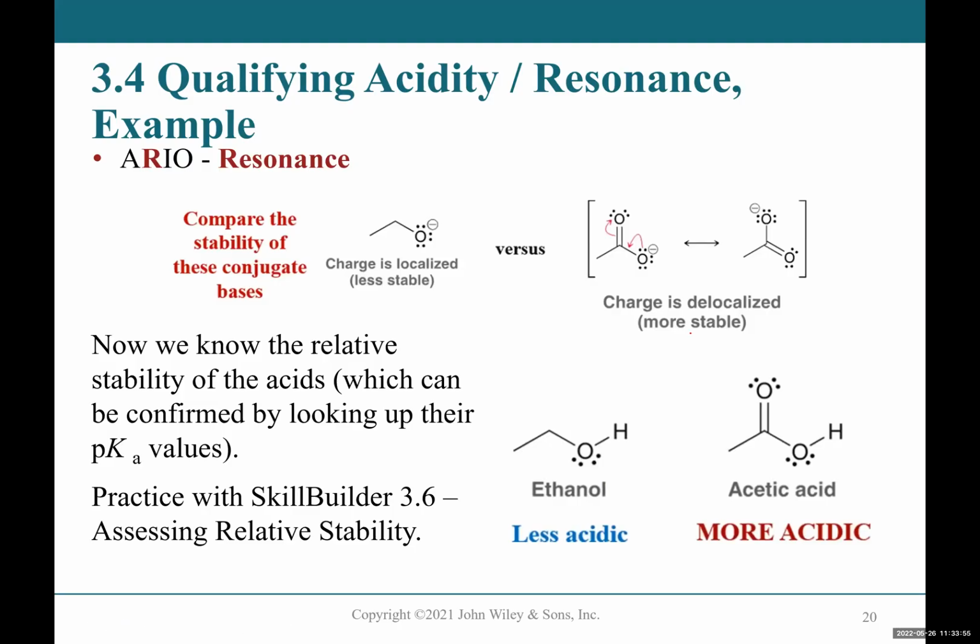So the charge is more delocalized, it's more stable. So this would be less acidic. And why is that? There's no resonance here. Here we have the capability of resonance, which is delocalization.